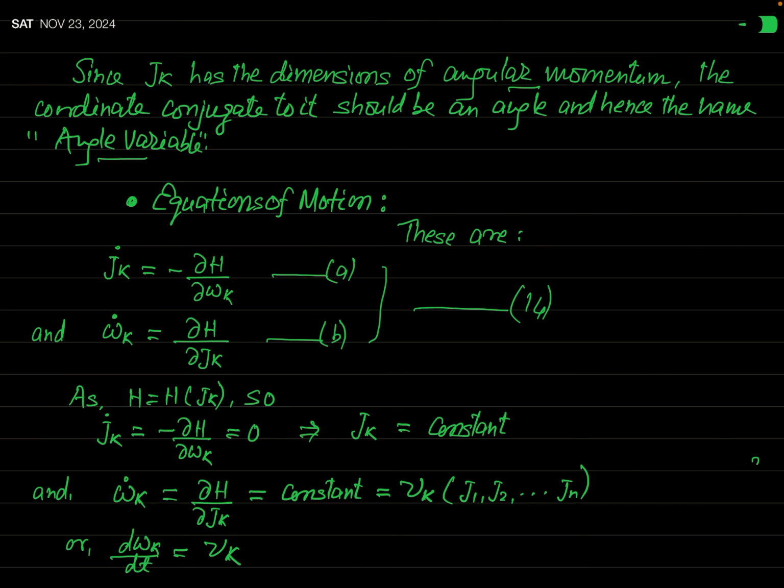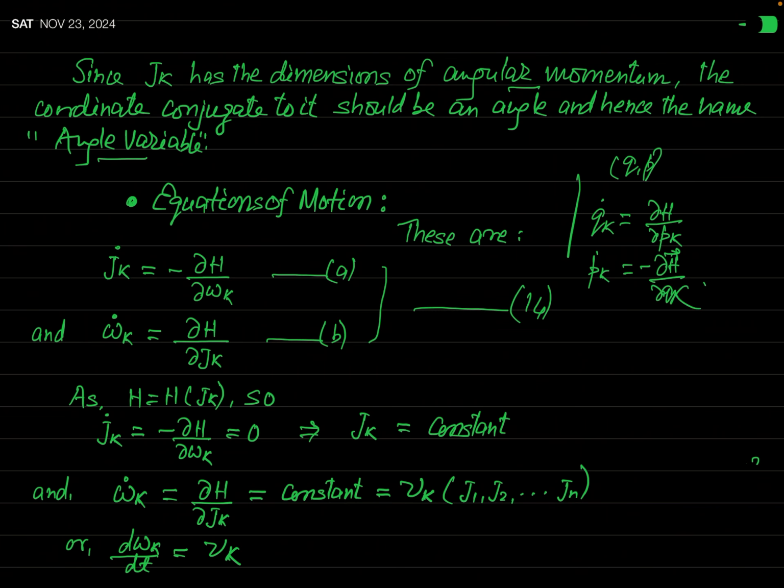When you write the canonical equations of motion, that is Hamilton's equations of motion, when your basis is Q, P, then the first equation of motion is Qk dot equal to del H by del Pk, and Pk dot is equal to minus del H by del Qk.